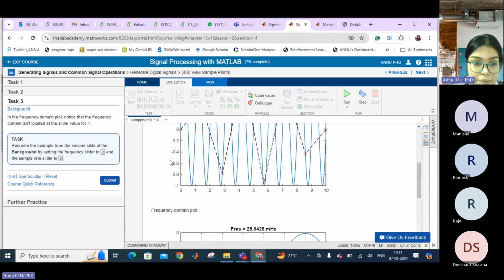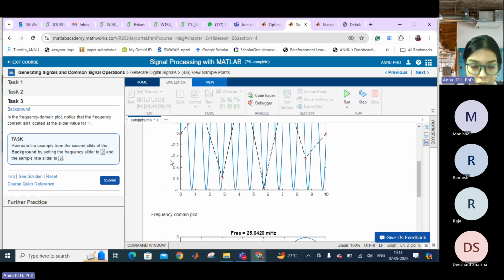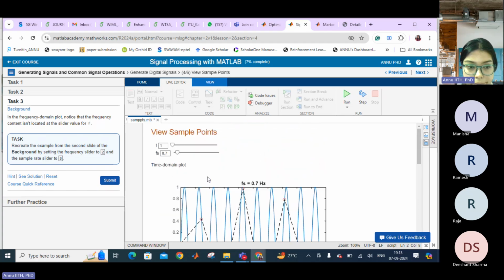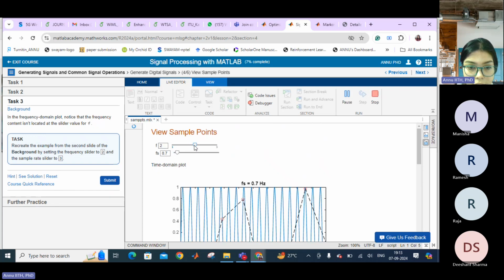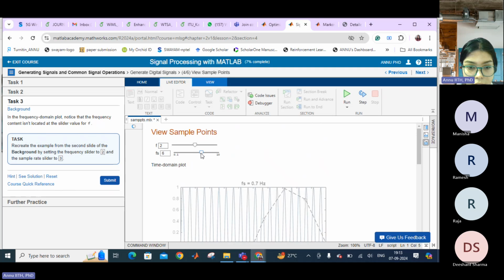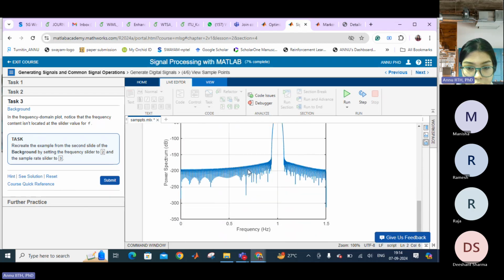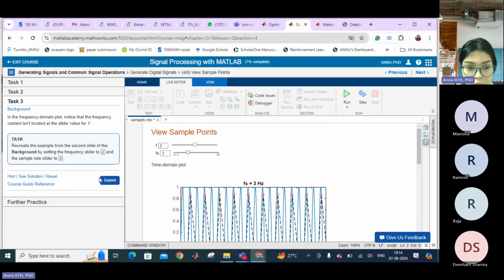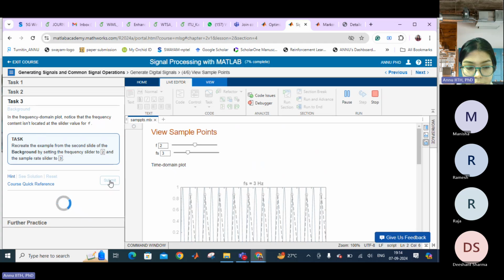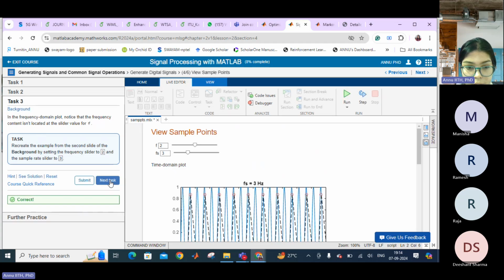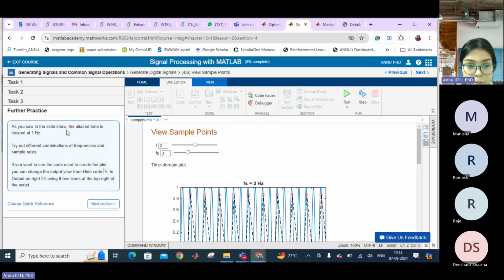Recreate the example from the second slide of the background by setting the frequency slider to 2 and the sample rate to 3.25. Again, as you saw in the slideshow, the alias tone is located at 1 hertz.